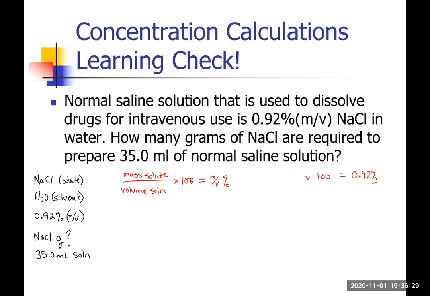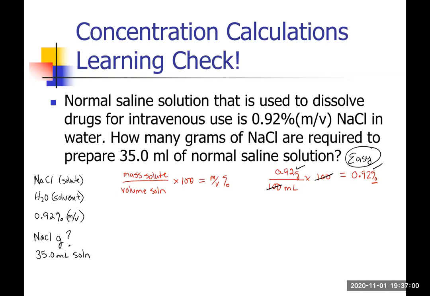If the mass of the solute is 0.92 grams, then we know that the volume has to be 100 mils. Why? For the same reason as last time, that 100 is going to cross cancel, and 0.92 equals 0.92. Again, why did I choose to set it up this way? Because it is easy.